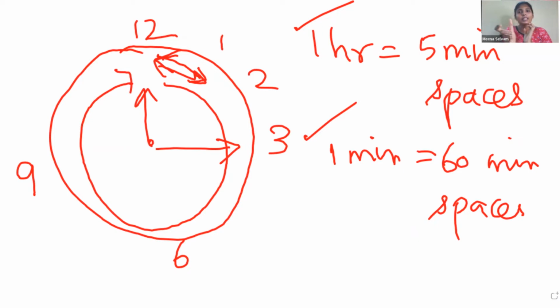Very slowly it has to move until the minute hand covers the 60 divisions. So how much does it move for every minute's rotation? When the time is 12:05, how much does it move? When the time is 12:06, 12:07? For every minute's rotation, how much does the hour rotation happen?